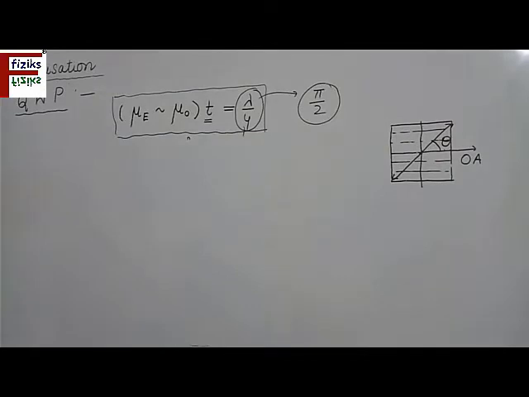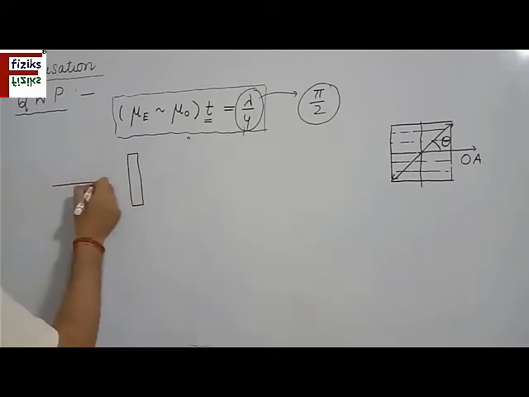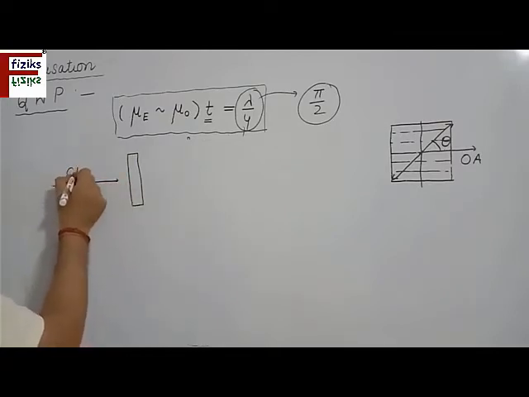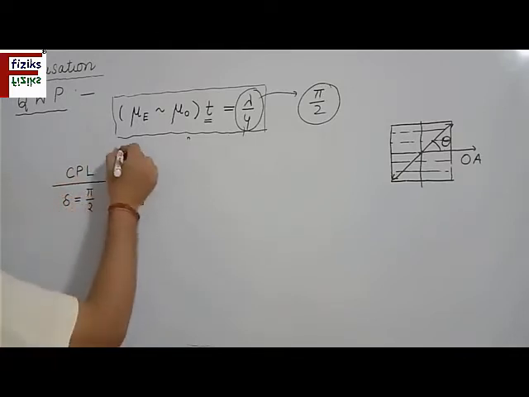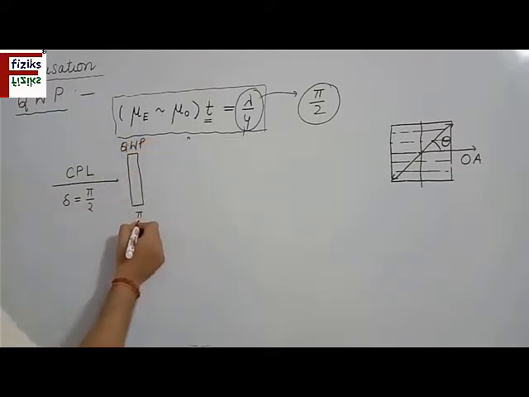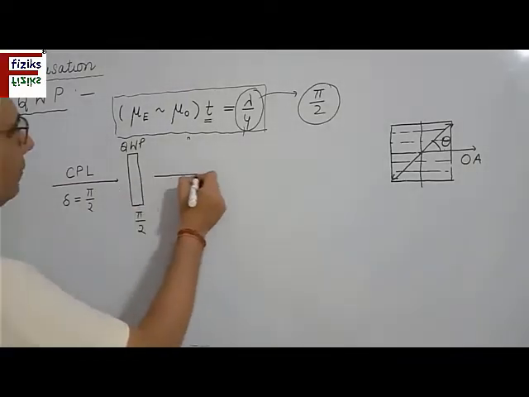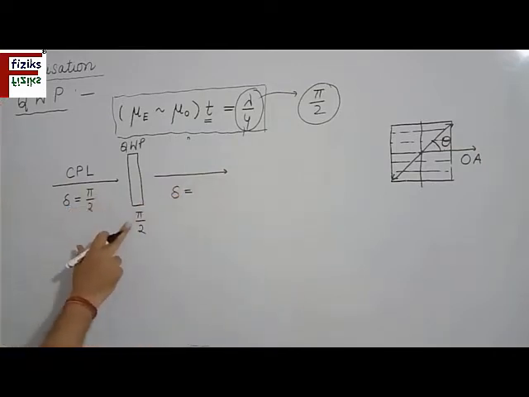The third application of this quarter wave plate: if a circularly polarized light is incident on it, for circularly polarized light delta will be equal to pi by 2, and this quarter wave plate introduces a phase of pi by 2. So on the emergent side, delta will be either pi by 2 plus pi by 2, or pi by 2 minus pi by 2.